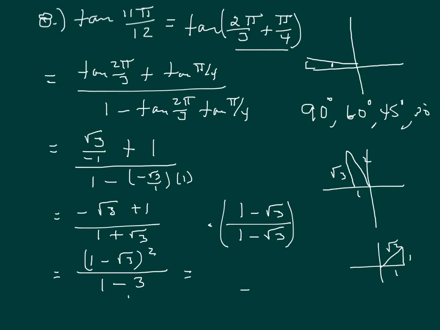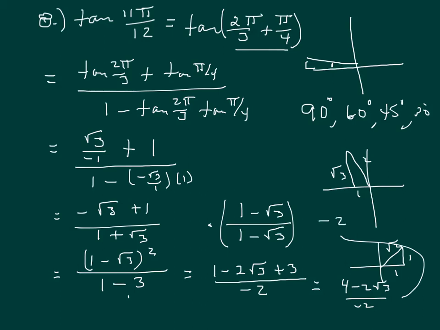This is equal to minus 2 in the denominator, and on top we have 1 minus 2 square root of 3 plus 3. 1 plus 3 is 4, minus 2 square root of 3 over minus 2, and our answer turns out to be minus 2 plus the square root of 3.